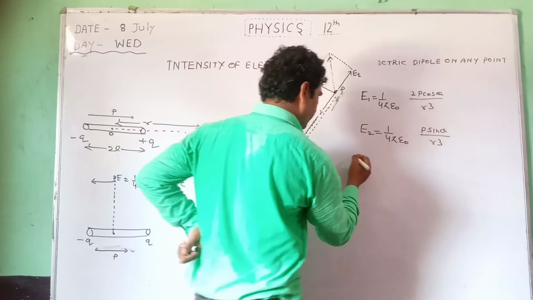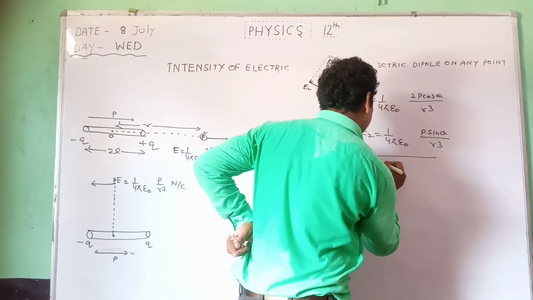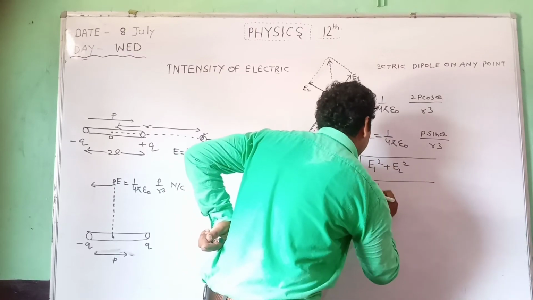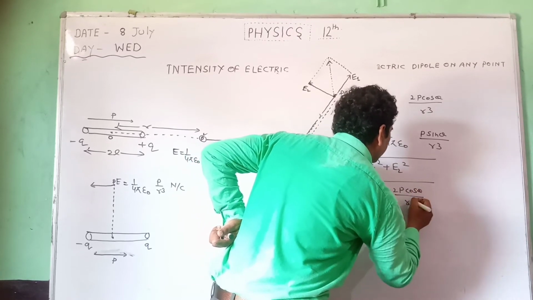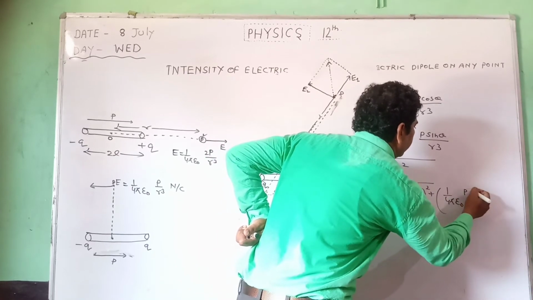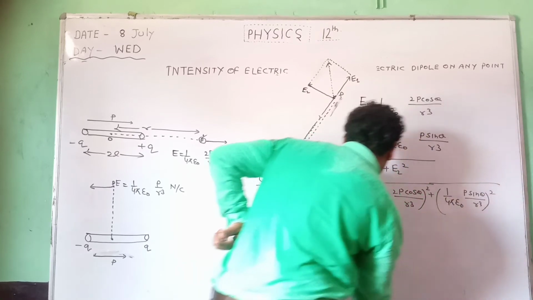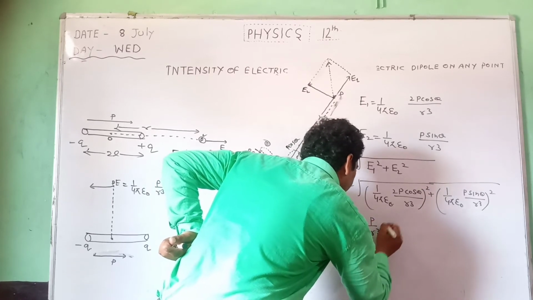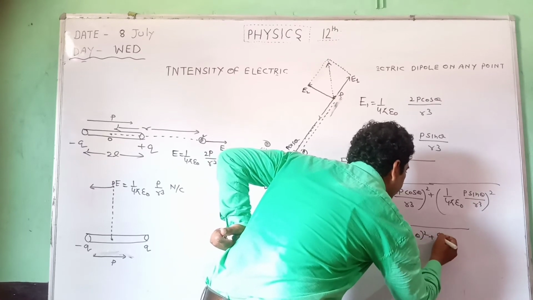We will find the net intensity like this: E equals root of E1 squared plus E2 squared. So I will write 1 upon 4 pi epsilon naught, 2p cos theta upon r cube, whole squared, plus 1 upon 4 pi epsilon naught, p sin theta upon r cube, whole squared. Again I will take the common factor 1 upon 4 pi epsilon naught, p upon r cube. Here we get 2 cos theta whole squared plus sin squared theta.